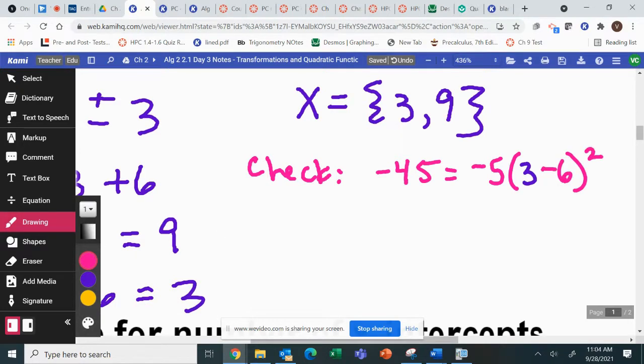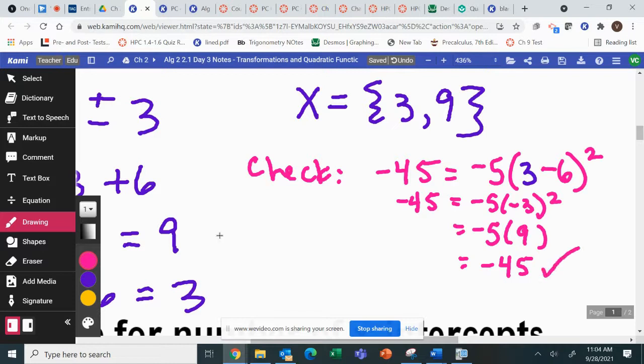So I get negative 5 times inside negative 3 squared. The next thing I have to do is square it, so I get positive 9, which is negative 45.